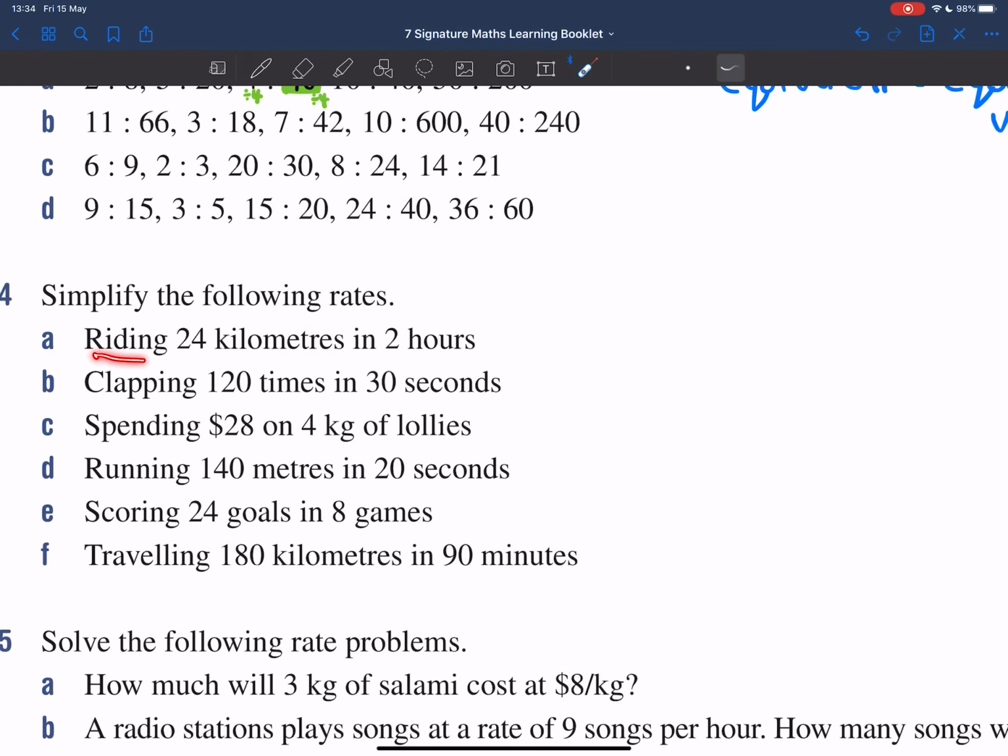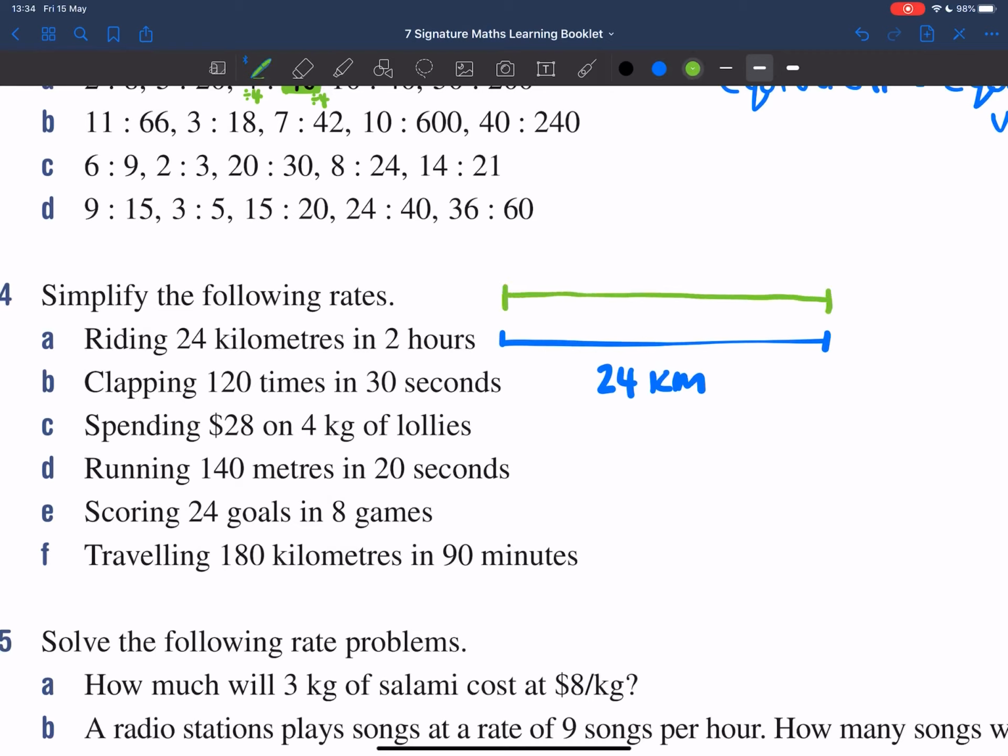Riding 24 kilometers in 2 hours. Well, let's just imagine this line represents 24 kilometers. And it takes 2 hours to complete 24 kilometers. So the green line can be time and the blue line can be distance.